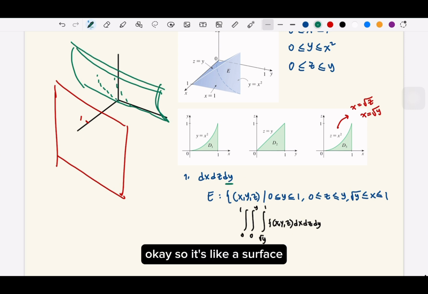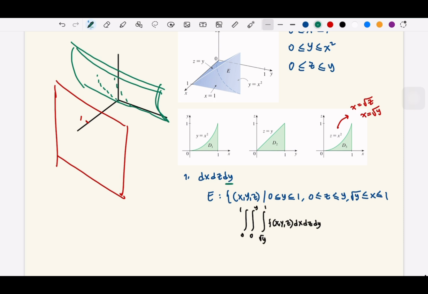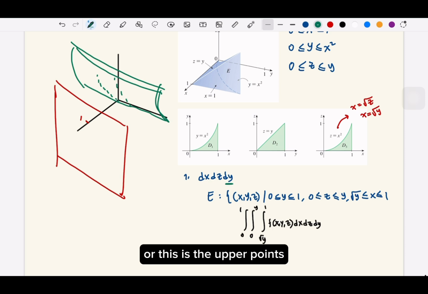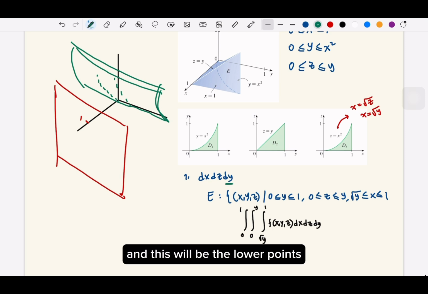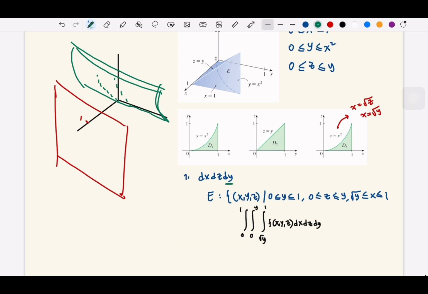So it's like a surface. So this whole surface minus this, or this is the upper point, and this will be the lower point. We see from this will be the top, and this will be the bottom. Difficult, right? Yeah, but this is a difficult question.